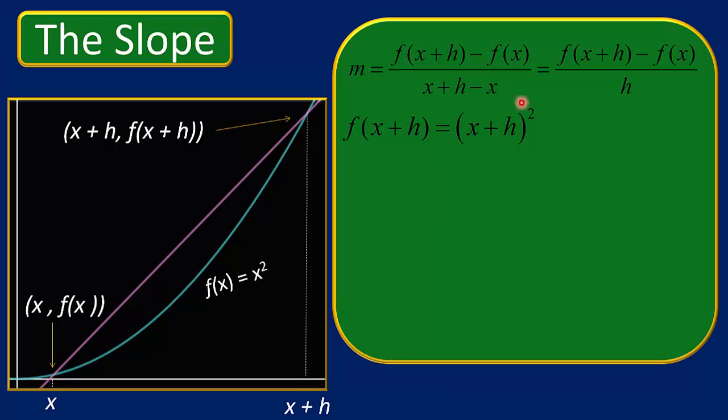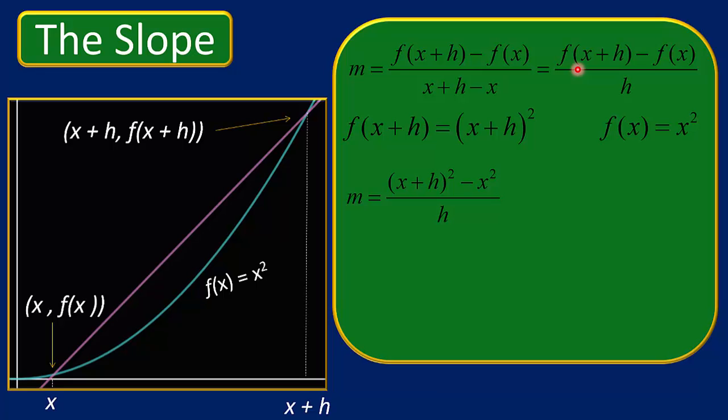Okay, so first of all, I need to figure out, well, what is f of x plus h? Well, we just put an x plus h in place of x, and we have x plus h squared. See, that's what happens when you put an x plus h in place of x. And then we have f of x, of course, is just x squared. So let's put this together.